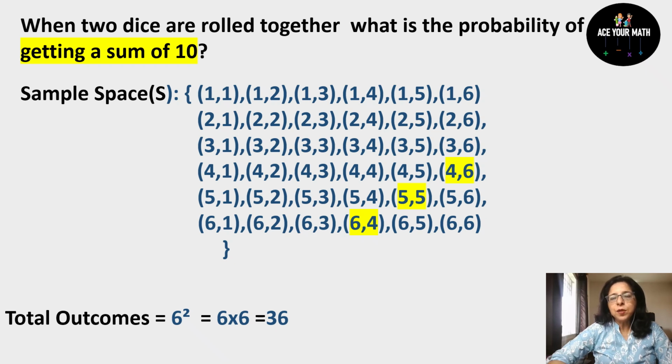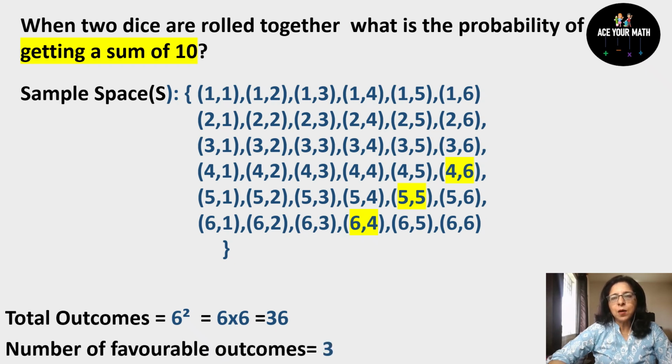There are only three outcomes when you will get 10 on the dice: when the dice are showing 4 and 6, 5 and 5, or 6 and 4. In these three conditions only the sum will be 10. So there are only three favorable outcomes. Now put them in the probability formula, which is favorable outcomes upon total number of outcomes. It is 3 upon 36. 3 and 36 both are divisible by 3. So the probability of getting a sum of 10 is 1 upon 12.